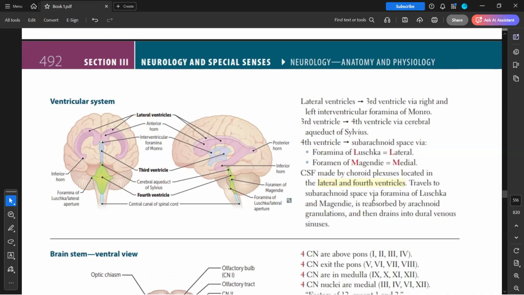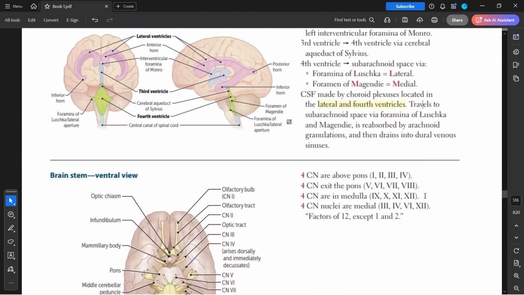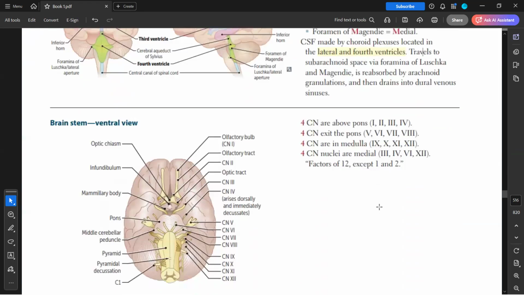Remember where the subarachnoid space is, and we have the foramina of Luschka and Magendie, then arachnoid granulations, and then it drains into the dural venous sinuses. So this is our ventricular system. Just be familiar with this system and from where to where it goes, and that's all you need to know.